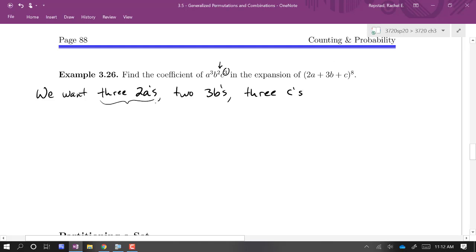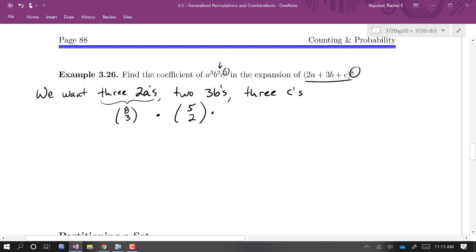So 3 of the 2a's, the number of ways I can do that, I've got 8 factors here. So I'm going to pick, of those 8 factors, from which 3 am I going to pick the 2a? So that's 8 choose 3. And I'll multiply that by, now of the 5 spots that are left, which 2 am I going to pick the 3b's from? So that's 5 choose 2.